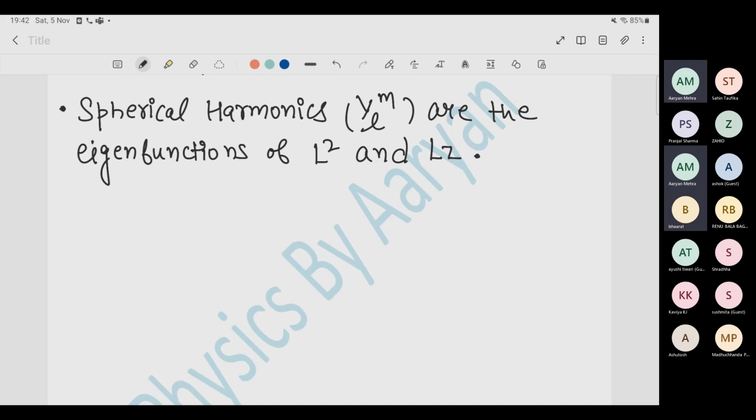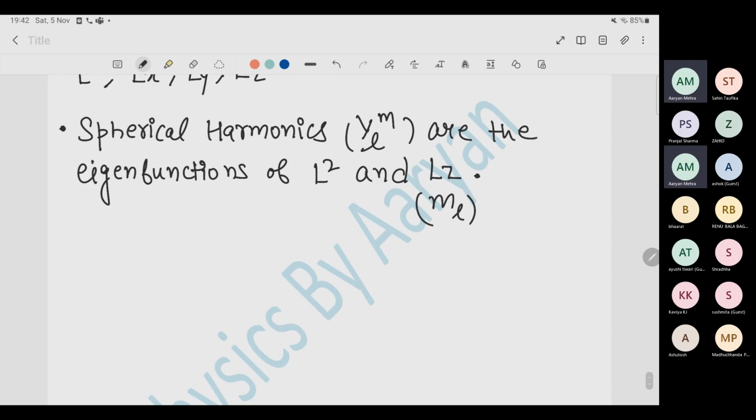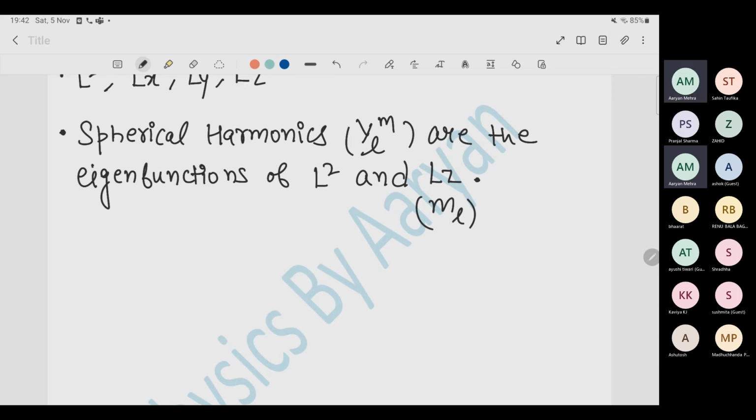The spherical harmonic contains information about angular momentum, which is what we are trying to measure here. And Lz means angular momentum along the z-axis, which is defined by the quantum number m_l, also contained in this spherical harmonic. So it's true. You don't need to prove it, you only need to remember it.